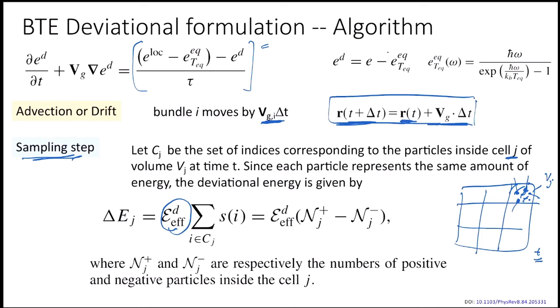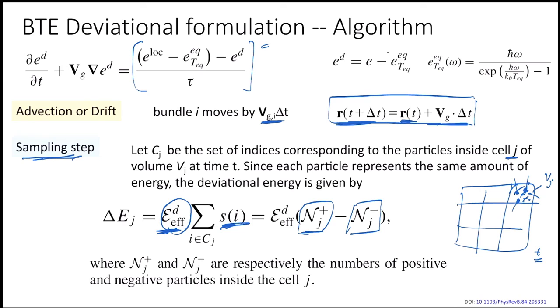Now to find out the deviational energy change, we have to worry only about the sign of the particle, because each of them is carrying exactly the same amount of energy. So we have to just sum up how many particles are there with the positive sign and how many are there with the negative sign. S just denotes sign, plus or minus. We count our number of particles with the positive sign, and we count our number of particles with the negative sign.